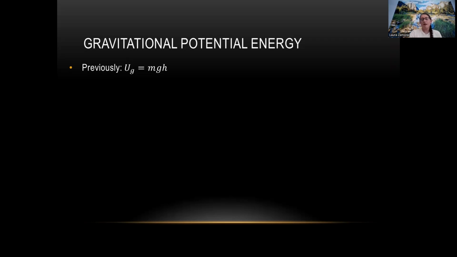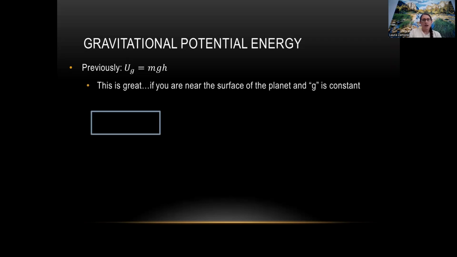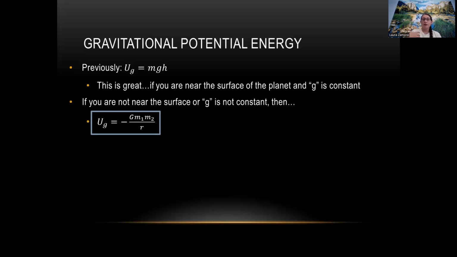So previously, our gravitational potential energy, we calculated using mgh or mgy. Remember, that's mass times the acceleration due to gravity times whatever height we were above our reference point. So that's great if we're near the surface of the planet and acceleration due to gravity is constant. But if we're not near the surface, then little g is not constant, right?